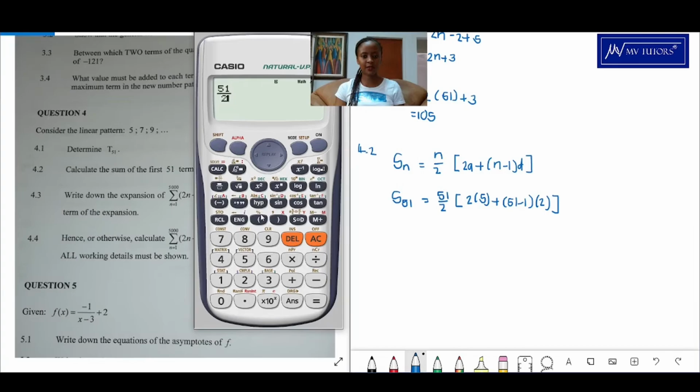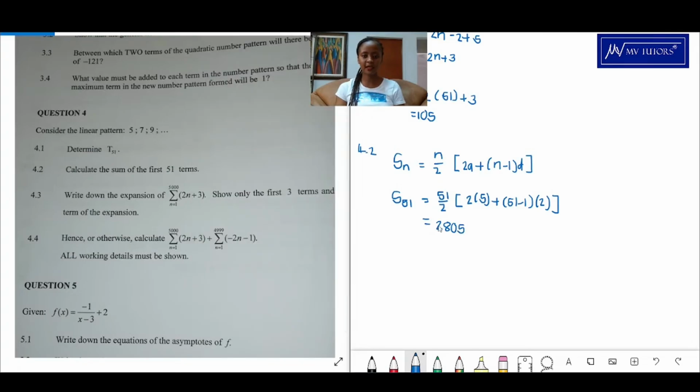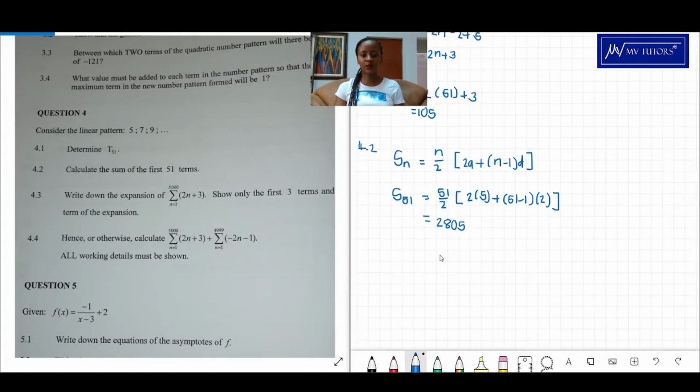So we have 51 over 2, big bracket. Okay, I'm just going to say 10 there, and I'm going to say 51 minus 1, that's 50, times 2. Okay, so the sum of the first 51 terms is actually 2,805.